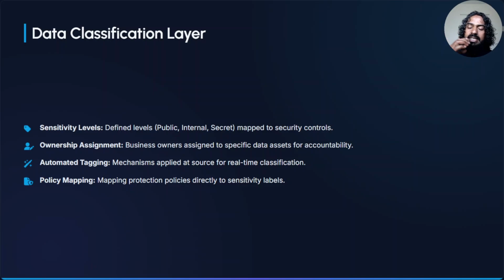So if you take an example, a document marked as internal 2 years ago might now contain some sensitive financial projections, but the label never got changed. So policies tied to classification don't apply correctly, right? So classification only works if it's accurate, consistent, and continuously verified and updated.